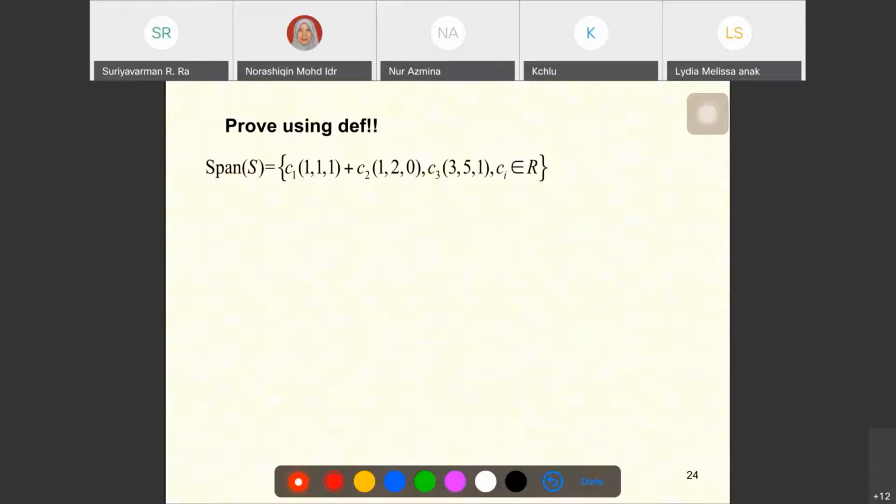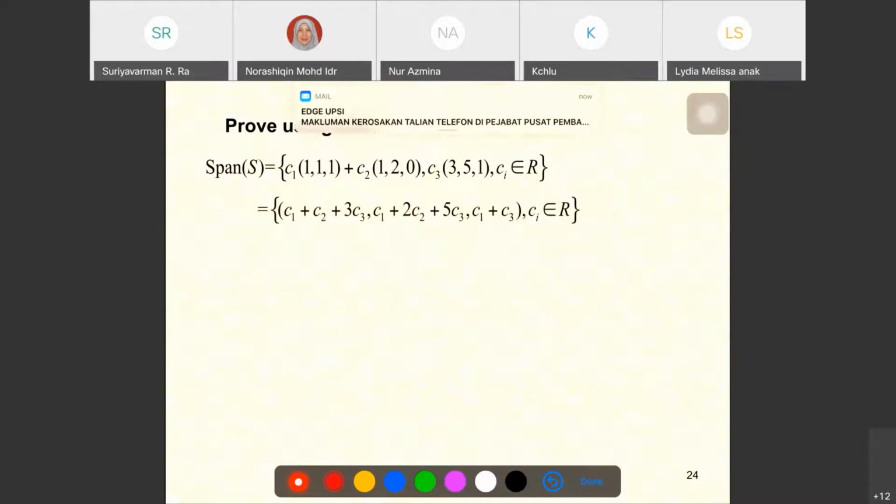So we have here C1 plus C2 equal to 3. C1 plus C2 plus 3C3. C1 plus 2C2 plus 5C3. C1 plus 0C2 plus C3. Okay, first one, second one, and the third one.